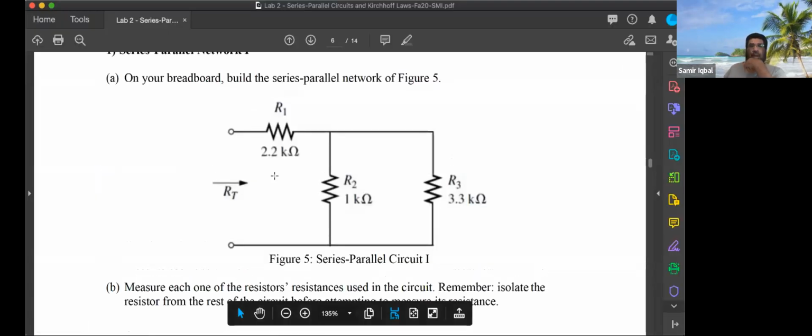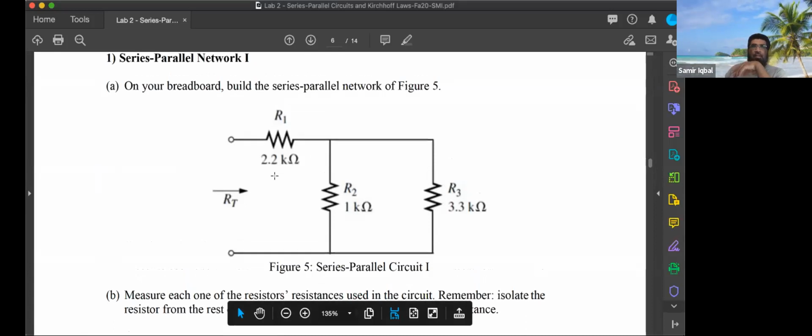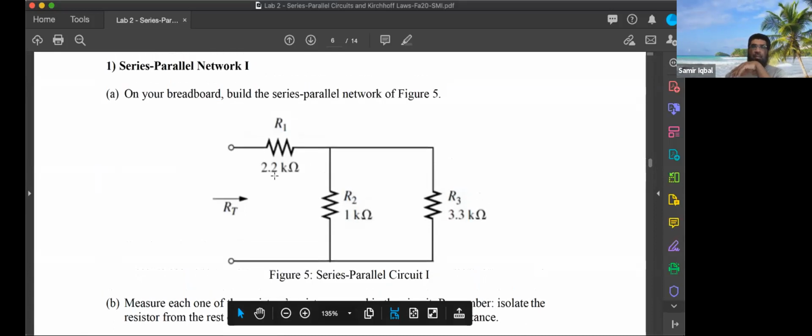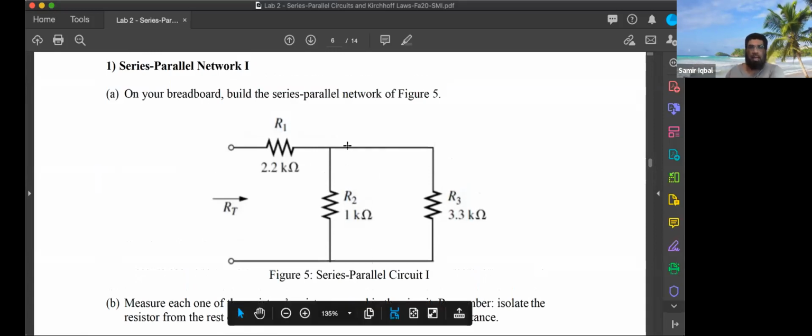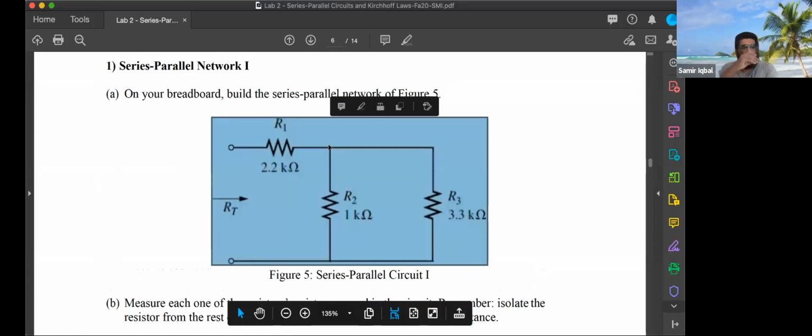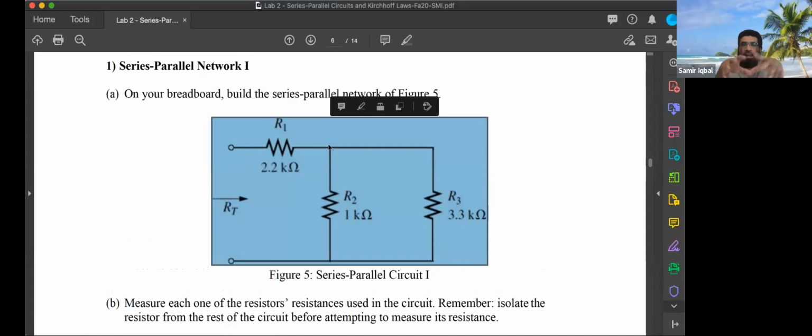All right, so on the breadboard, you have to create these combinations. This is a series-parallel network. Like I was showing just now, whenever you're doing the analysis, we always go inside out. You start with the most fundamental combination of resistance that you see, find that part's equivalent resistance, and make a simplified version on your paper.